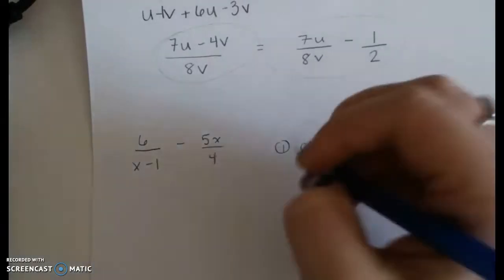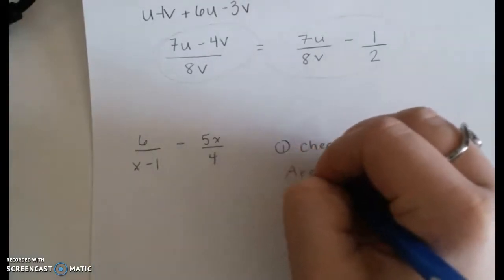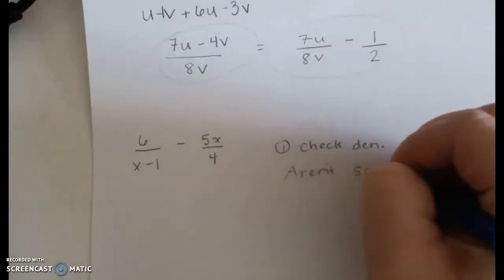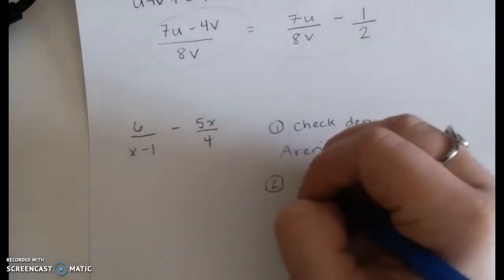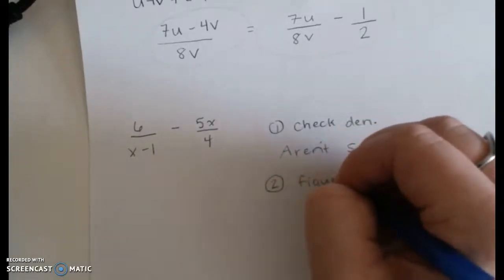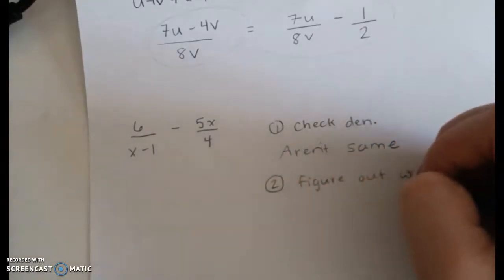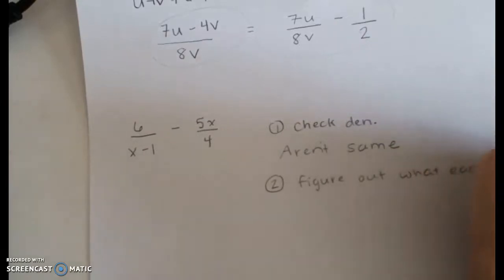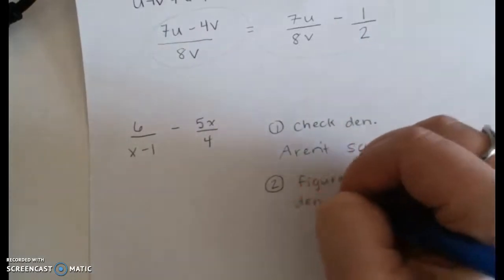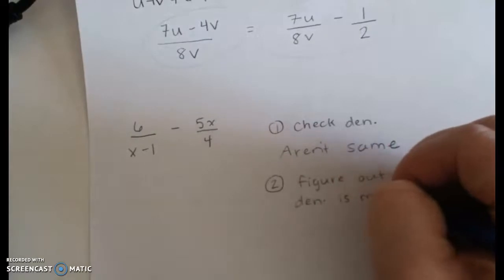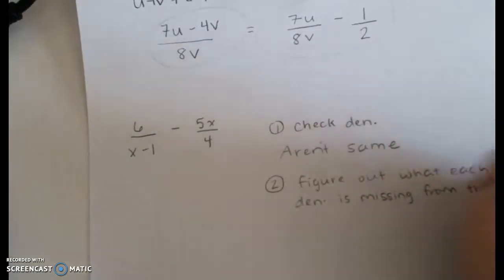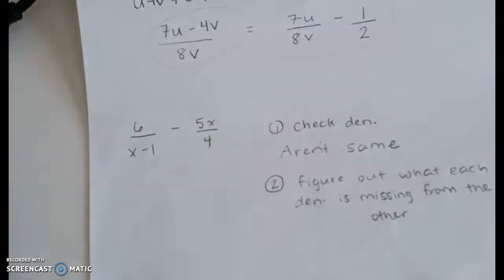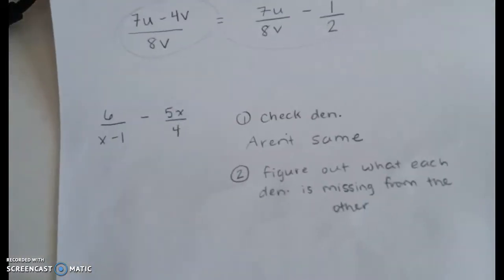So if I check the denominator and they aren't the same, I'm then going to figure out what each denominator is missing from the other.